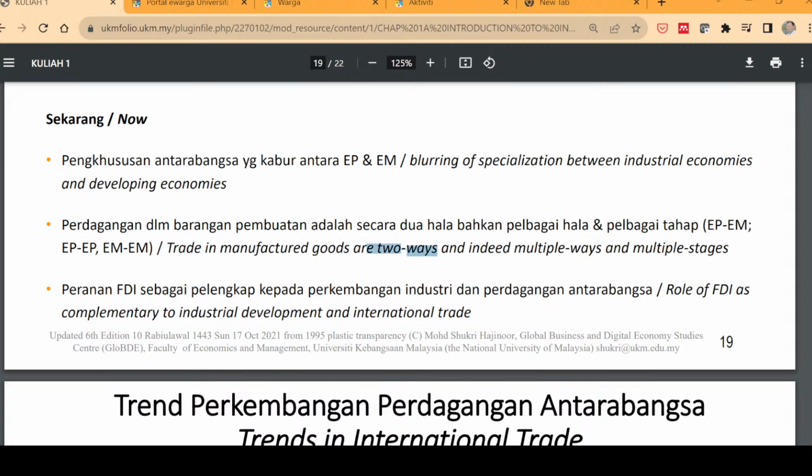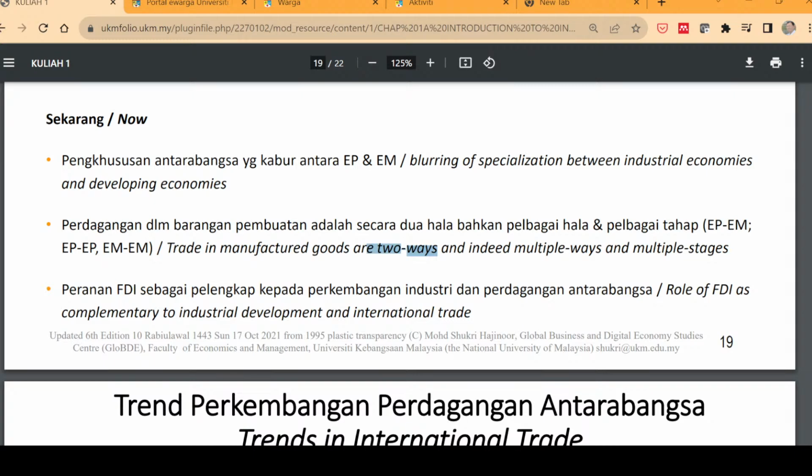Manufactured goods exported from developed countries to developing countries, one way. The other way, developing countries export manufactured goods to developed countries. So in this slide we focus on manufactured goods. Long ago, before the mid-80s, one way. Now, two ways.